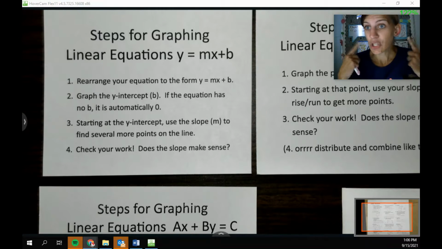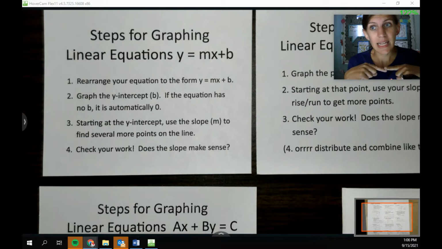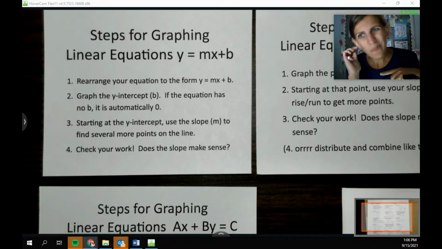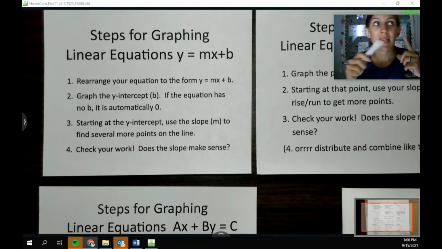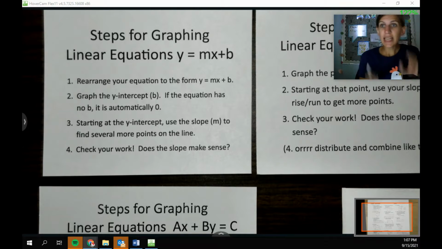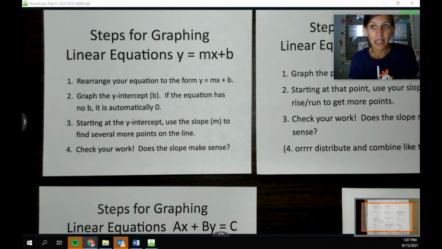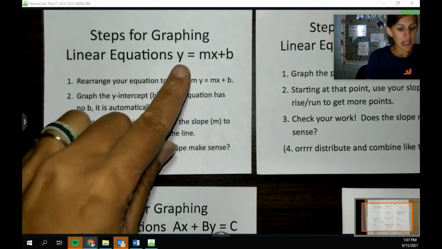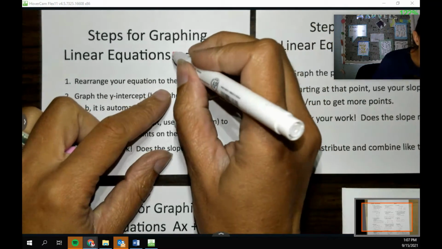Now you can always change the form and make it look like a different thing, but that kind of wastes time because I'm having to do a lot of algebra to make it look like something else. And if I can save any time at all for something like an SAT or whatever, that's great, okay? So if we can keep them looking like they already are and not make any changes, that's really good to do. So the first form that we're going to talk about here is y = mx + b.